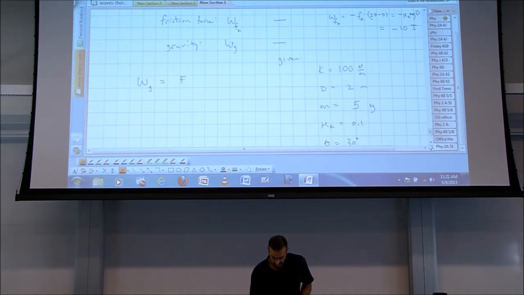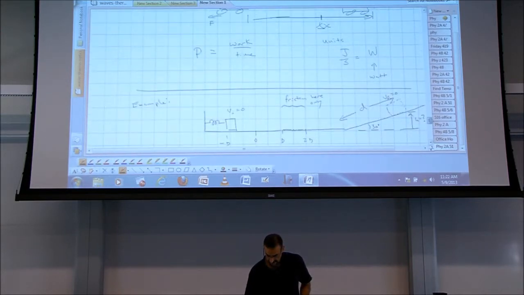It's going to be the force of gravity, right, times the distance, times the cosine of the angle between them. The force of gravity is mg. The distance is little d. And what is that angle? (90 plus 30, right?